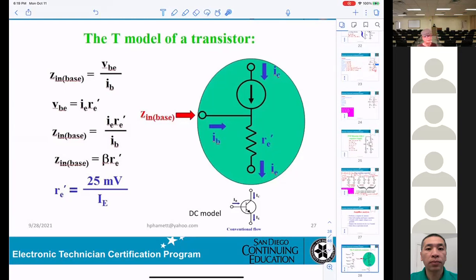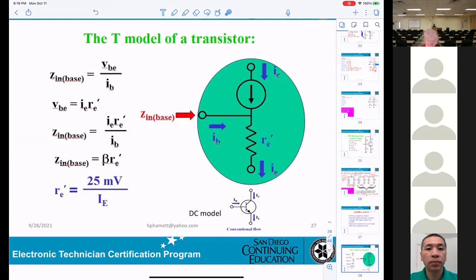What does Z in base mean? How many students can understand when they're talking about Z in base?